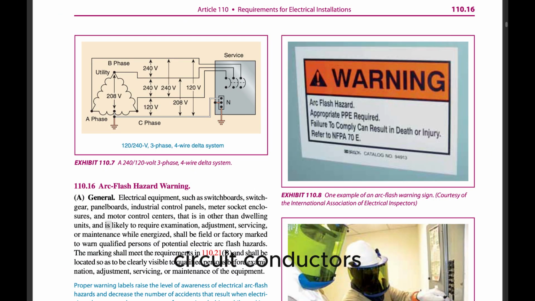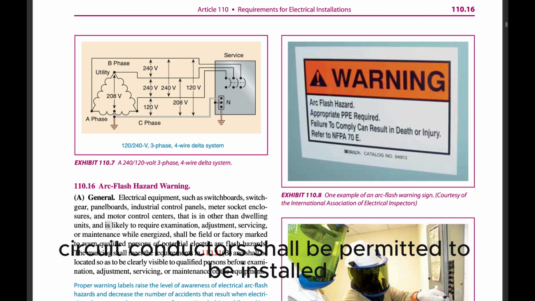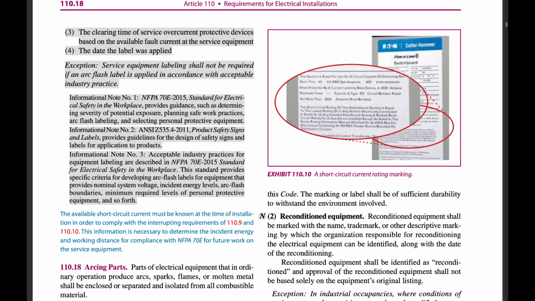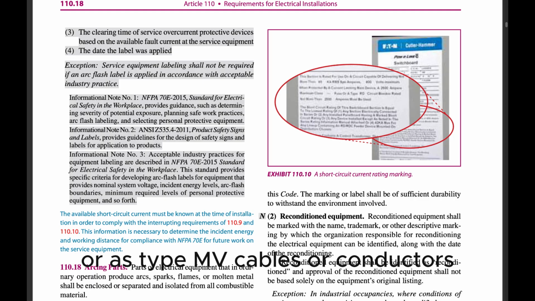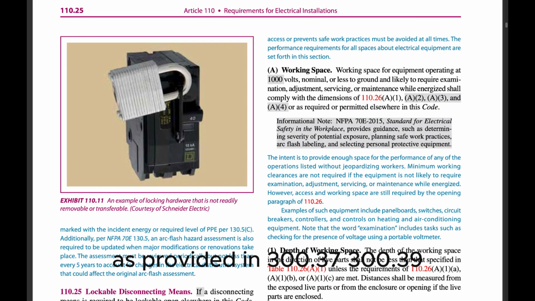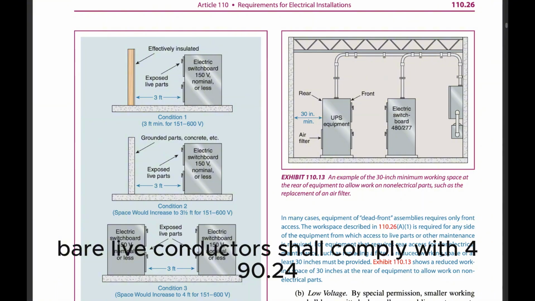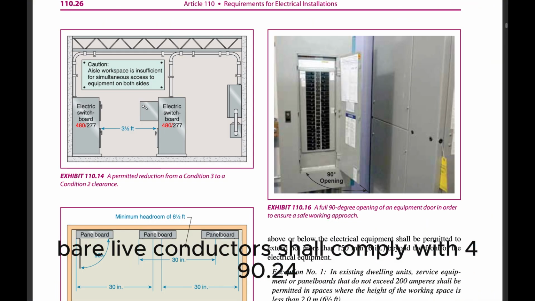110.36 Circuit conductors. Circuit conductors shall be permitted to be installed in raceways, in cable trays, as metal-clad cable Type MC, as bare wire, cable, and busbars, or as Type MV cables or conductors as provided in 300.37, 300.39, 300.40, and 300.50. Bare live conductors shall comply with 490.24.